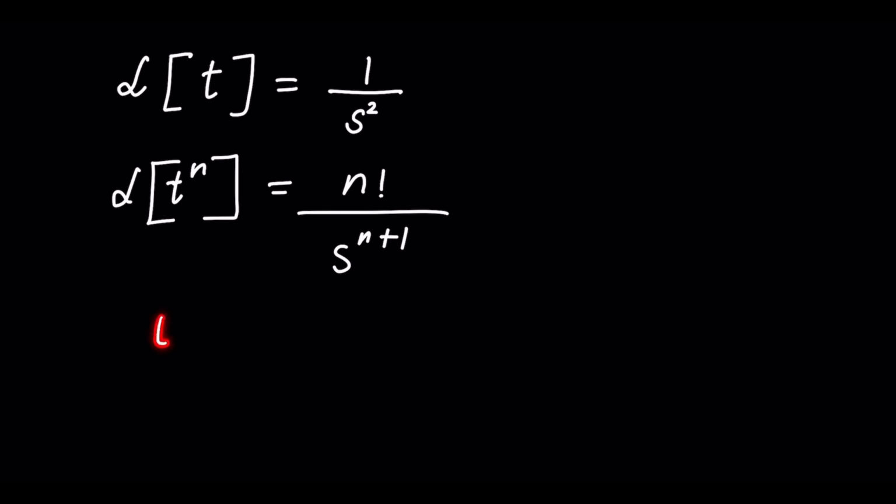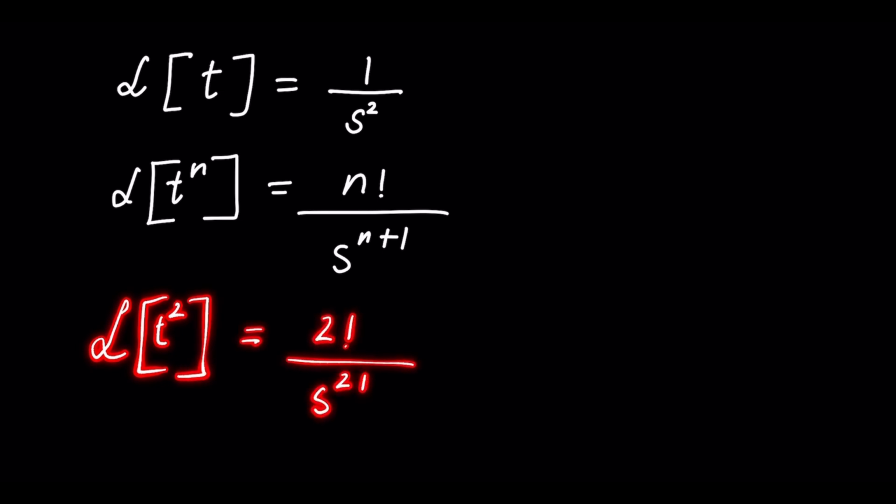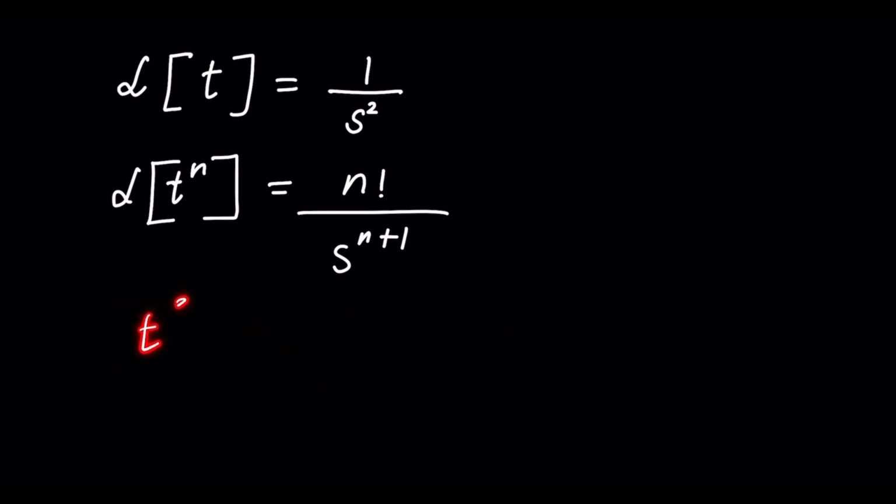So for example, if it was t power 2 and we had to find its Laplace transformation, then it would have been 2 factorial divided by s power 2 plus 1, meaning 2 divided by s cubed. If it was t cubed, then we would have done 3 factorial divided by s power 4.